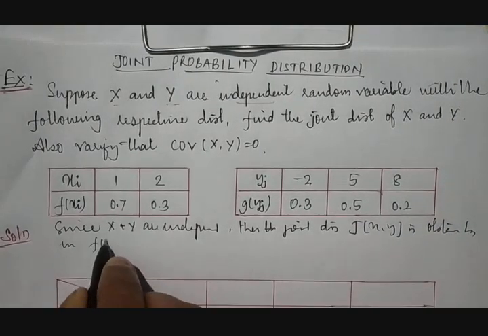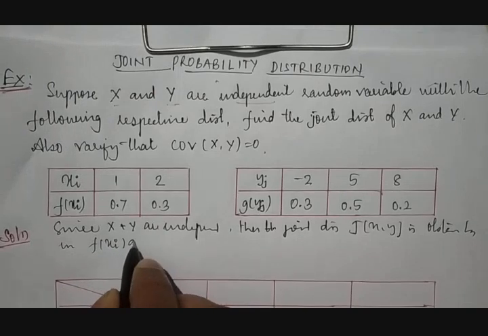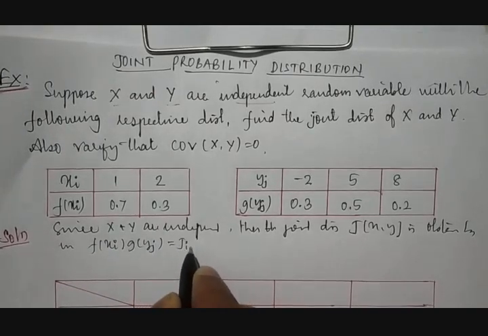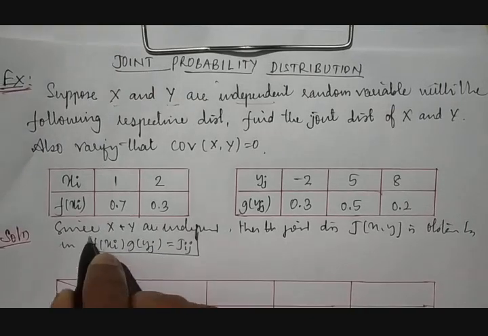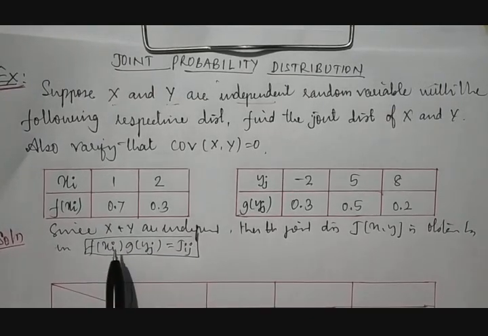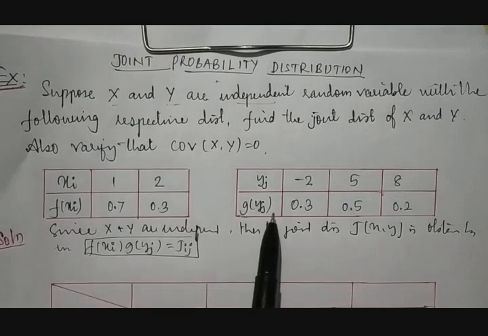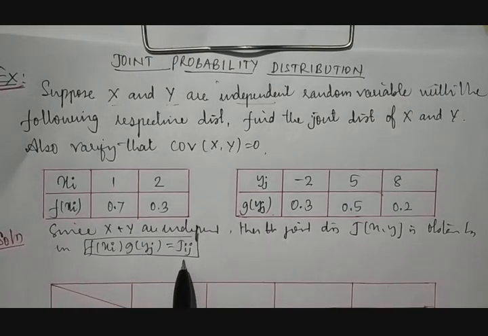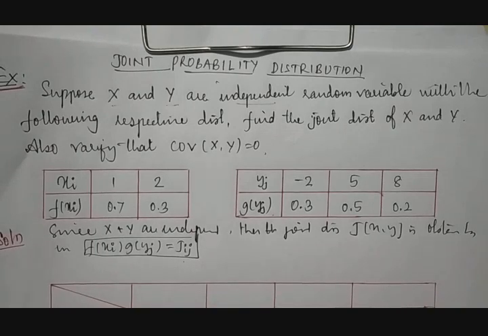What is that? f of xi into g of yj will be equal to jij. Fine. So the product of these two will be a joint probability distribution, that is jij.